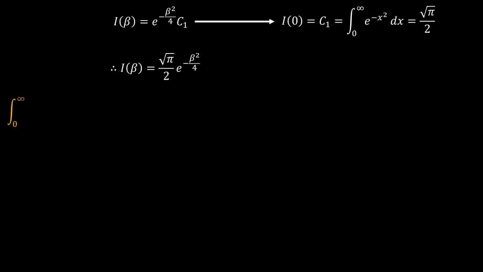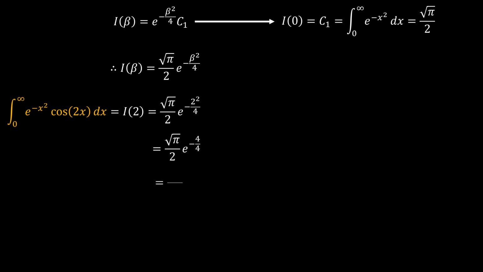But our original integral has beta being 2. So we substitute 2 in place of beta, and so I of 2 is equal to root pi over 2 times e to the power negative 2 squared over 4. Negative 2 squared over 4 means that is negative 4 over 4, which is negative 1, right?